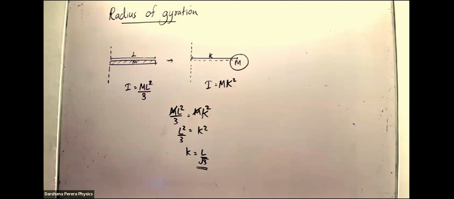Then write down the moment of inertia. The moment of inertia is the geometric property of a rigid body.